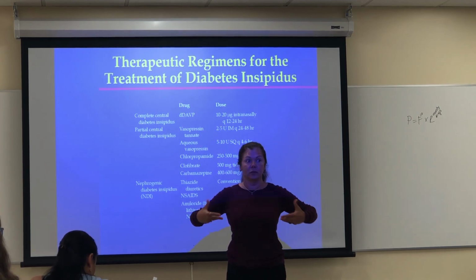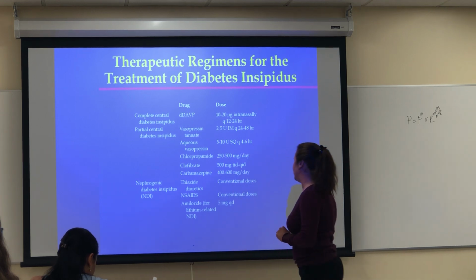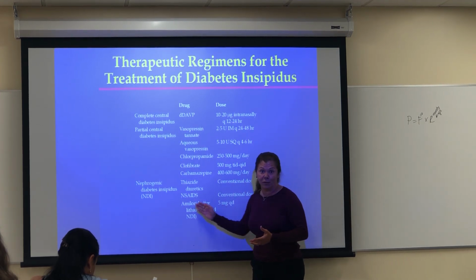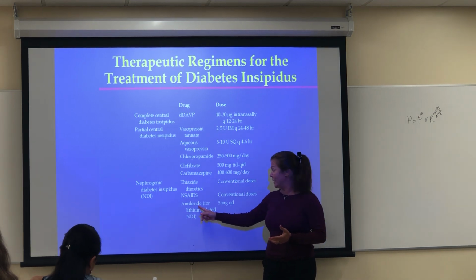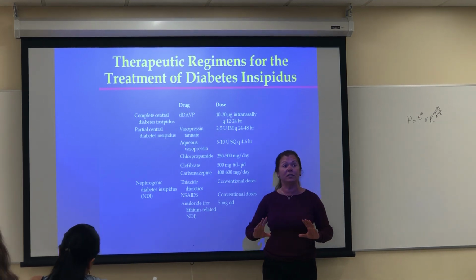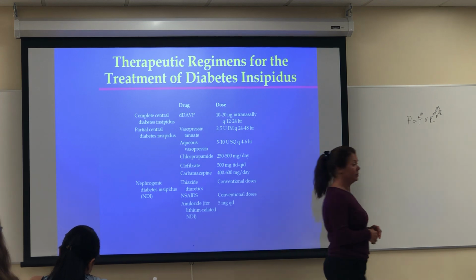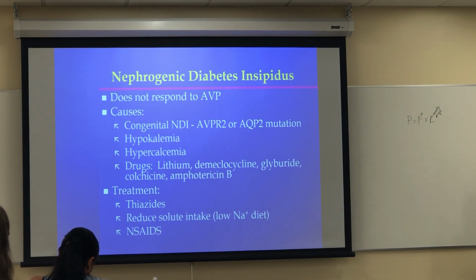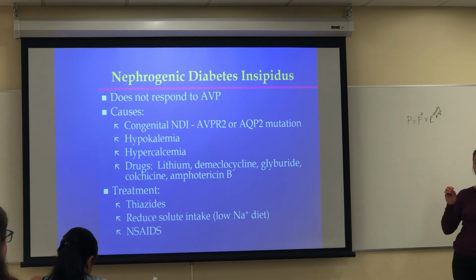And therefore, you would increase the levels of ADH. Another thing that you can do is give an antiarrhythmic, because basically what it does is provide lithium. But the first initial treatment for nephrogenic diabetes insipidus is giving a thiazide diuretic, okay?